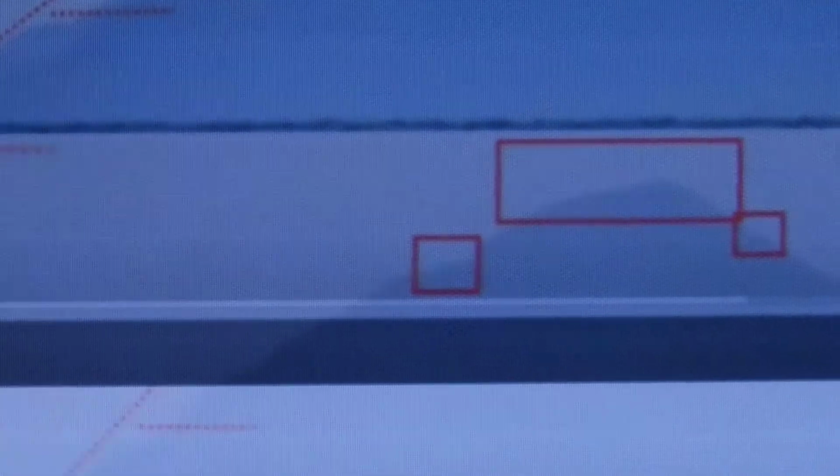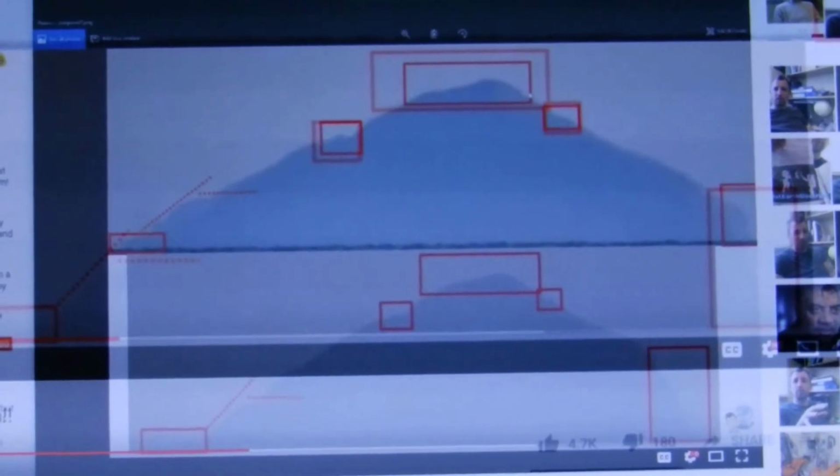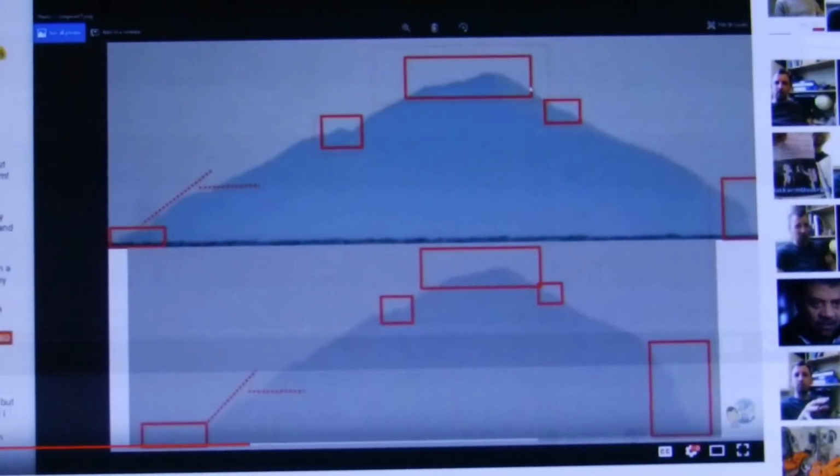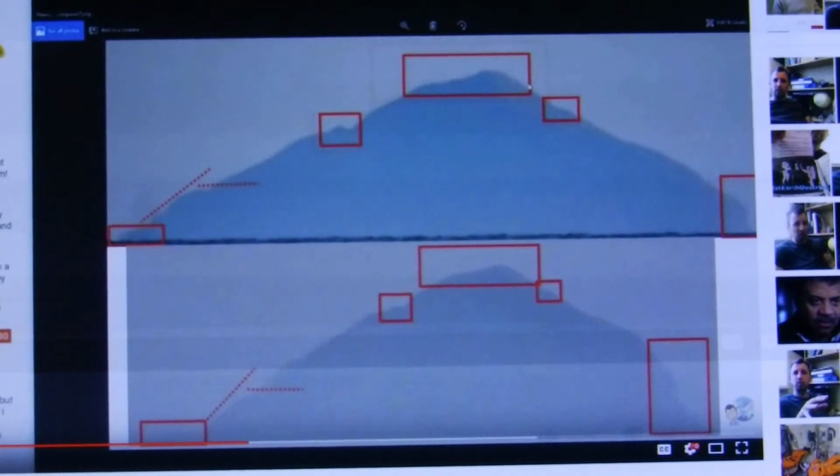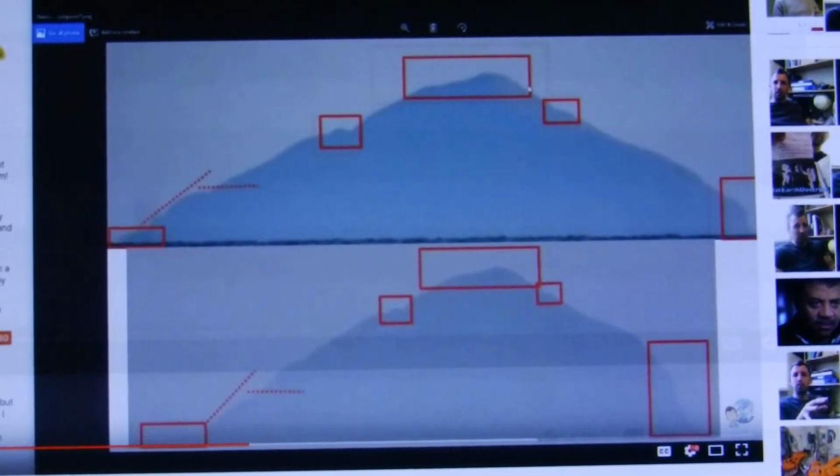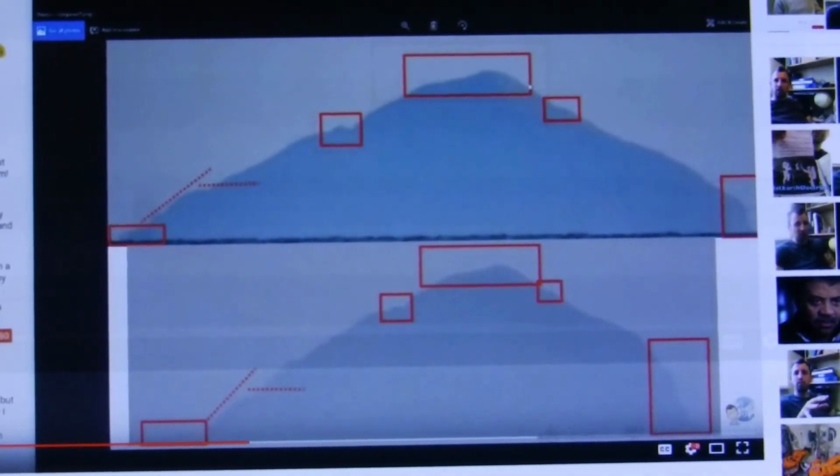Pretty good match. But if I zoom back out here, and you look at the right hand side where they've got the boxed cliffs, that's the cliff, I forget which way around these images are. One of these is from further away, and higher up.